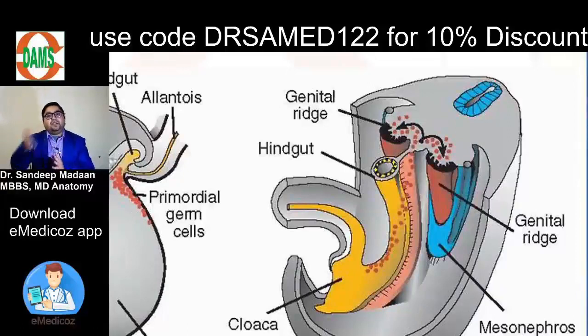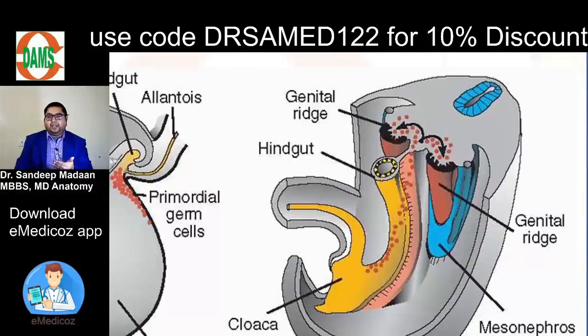These cells will be taken care of by the gonads, and the gonads, which till now are indifferent gonads, will be converted into male or female depending upon the information brought by the incoming cells. Are you understanding? Both primordial germ cells and the gonads are interdependent. Let me repeat this part. The primordial germ cells which have reached the developing gonads will reside here and become part of the gonads from now onward.